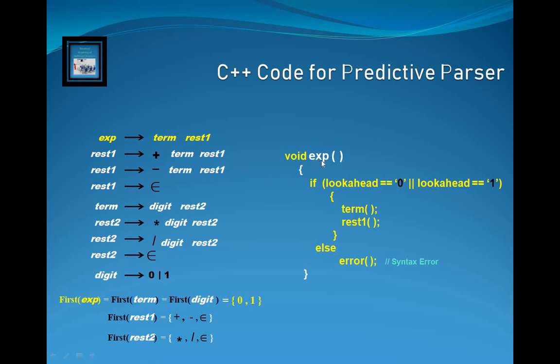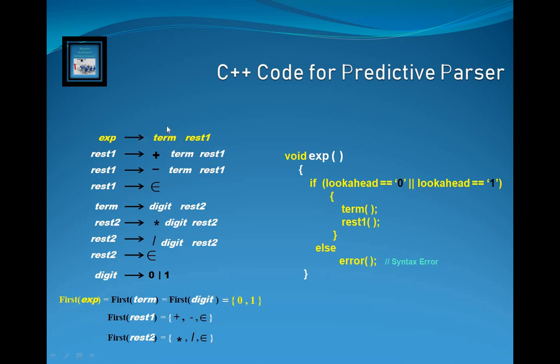So I repeat, to write the code for exp, we have seen two things: the productions of exp as well as the first function's answer for exp. The first function is saying that exp can start from 0 or 1. Accordingly we have written this code: if look ahead is equal to 0 or look ahead is equal to 1, then we implement this production, and the implementation is very simple.